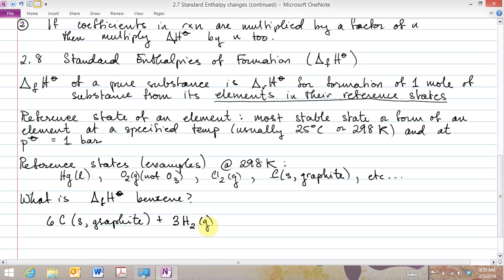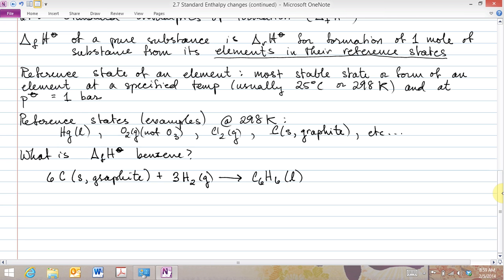Now hydrogen in its most stable form at 298 Kelvin is as a diatomic molecule, and the resulting reaction between these two elements gives us benzene, and its most stable state is as a liquid at room temperature.